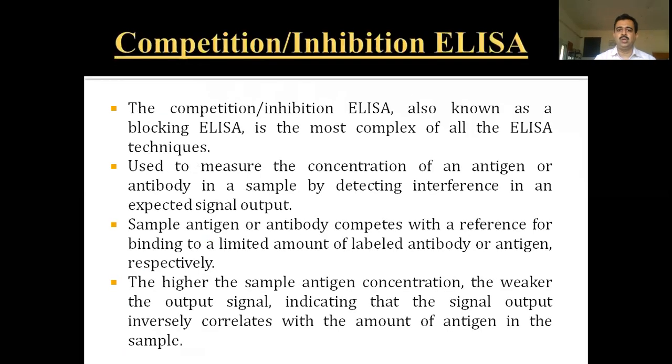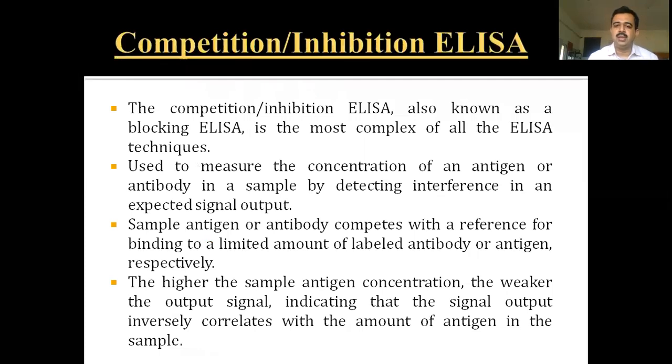So this is one of the major disadvantages, but this is one of the best techniques that has extensively been utilized. Quantitative inhibition ELISA. The competition or inhibition ELISA, also known as the blocking ELISA, is the most complex of all the ELISA methods, used to measure the concentration of an antigen or antibody in a sample by detecting interference in an expected signal output. Sample antigen or antibody competes with the reference for binding the limited amount of labeled antibodies or antigen respectively.